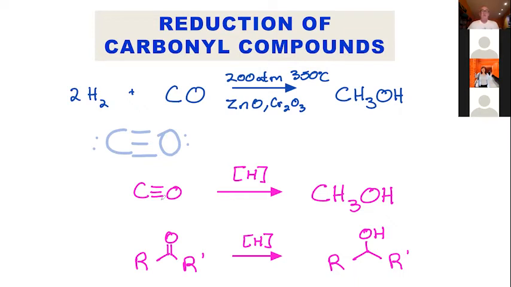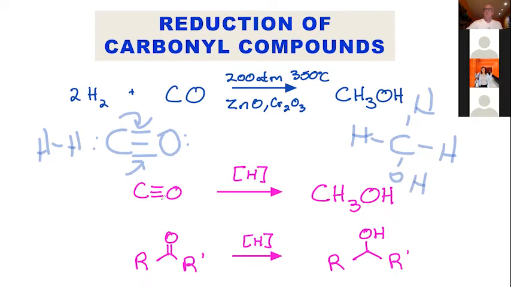If you treat carbon monoxide and hydrogen in the very high temperature and high pressure, you reduce this bond to oxygen and this bond to oxygen and replace them with hydrogens. And so you're left with 1, 2, 3 hydrogens and a single hydroxyl.